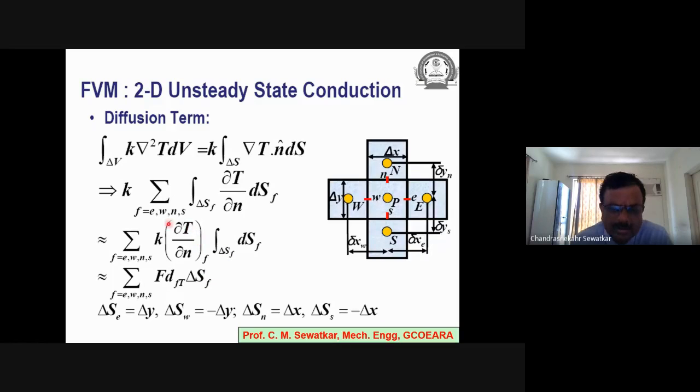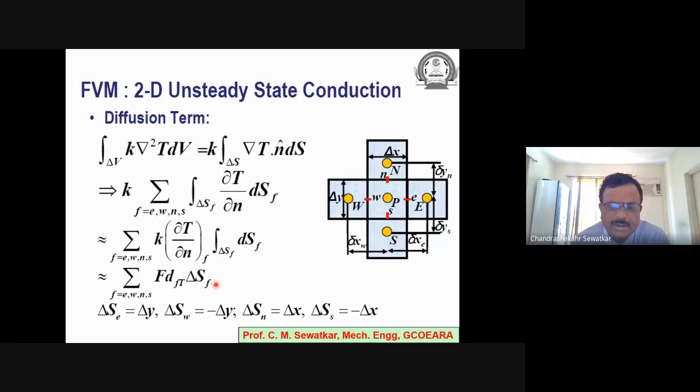Now look at this quantity. This is the product of thermal conductivity into temperature gradient. What is this? It is a heat flux because of conduction. This is heat flux because of conduction, or I can say diffusion heat flux. So I represent it as FDFT.